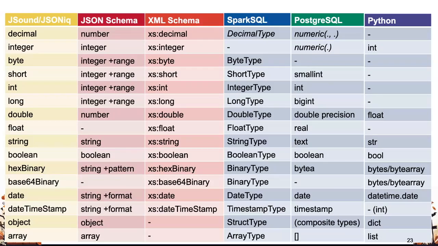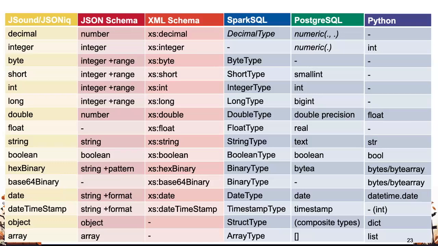So let me explain. So Python, you know, right? So you have a few Python types on the right. PostgreSQL, you might know. That's a relational database. These would be the SQL types that you have for your schema. Spark SQL, we'll see it in a few weeks, so you can wait. But basically, these are the data frame types that you can have in Spark SQL. JSON Schema, XML Schema, that's what we are going to look at now and next week.